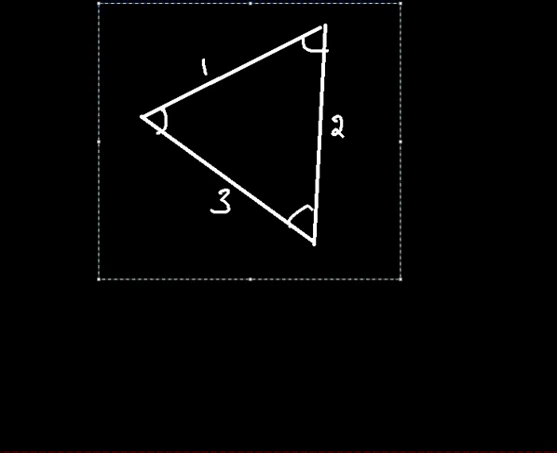It has 3 sides. Let's say this is side 1, side 2, side 3, and with 3 internal angles. These are the angles. So it is any 3-sided figure. That is what we get as the triangle.